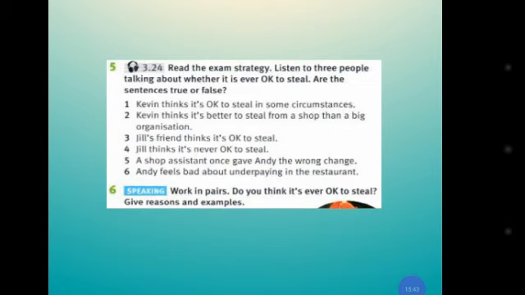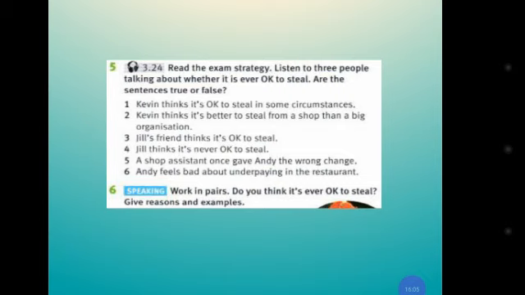It is a speaking task. Because we are studying from distance, you won't work in pairs, of course. You will just send your voice message to me. Do you think it's ever okay to steal?